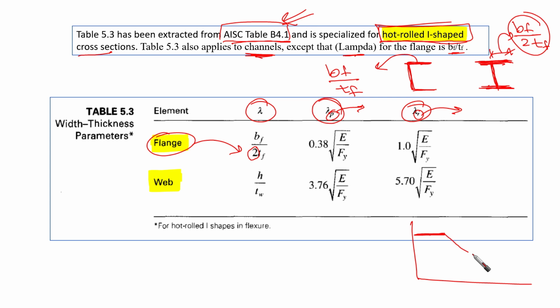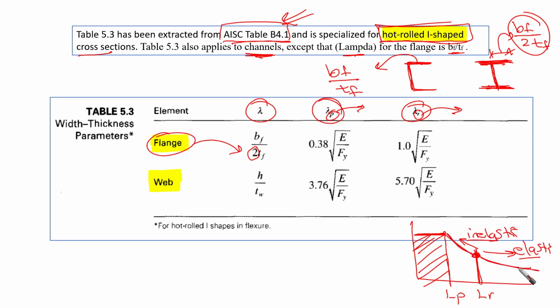So we're going to have three main regions here. These are the limits. This is the region where plastic behavior is going to be there, so we're going to find lambda p, for example. Here it is going to be lambda r. R means the proportional limit that differentiates between elastic and inelastic regions.